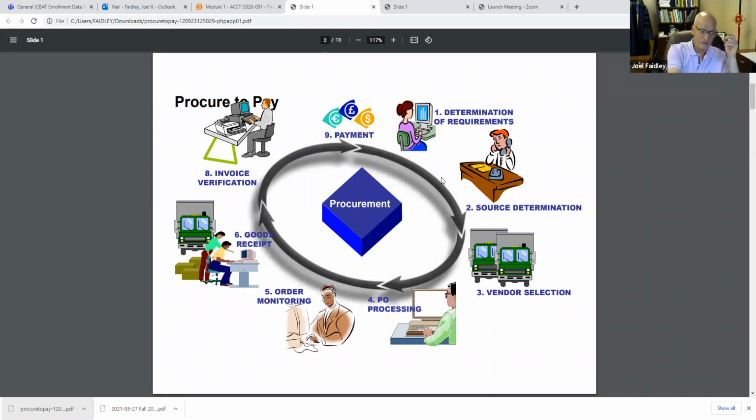And this has to do with how you blend your IT processes with your actual human interaction for purchasing something. So if we go over here to the right, it says determination of requirements. That's someone on the production floor, for example, or a department who's creating a requisition.